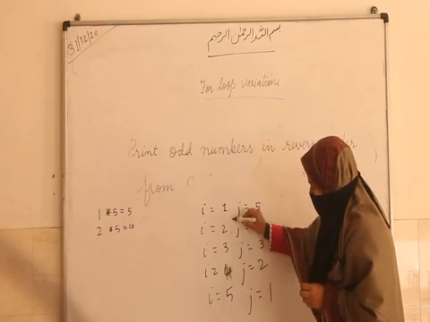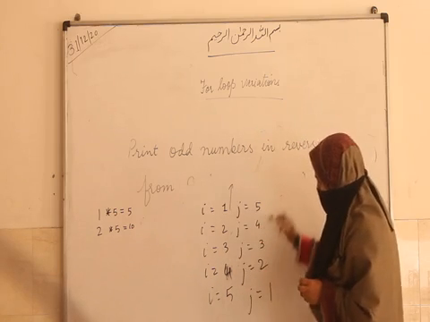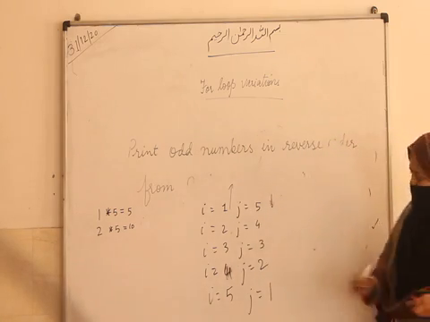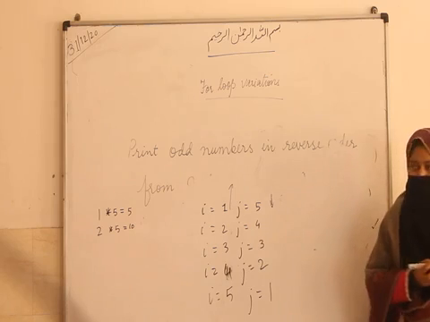As you have formatted the output in your program, like that only the output will come. The value of i keeps on increasing, the value of j keeps on decreasing. This will be the output seen on the screen.